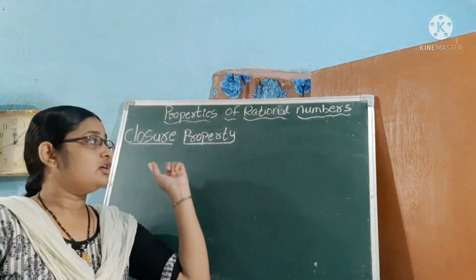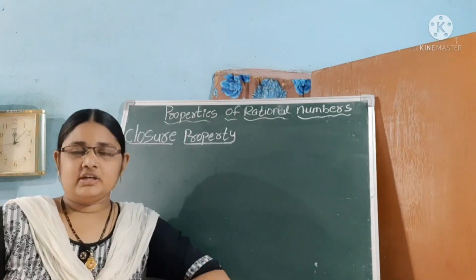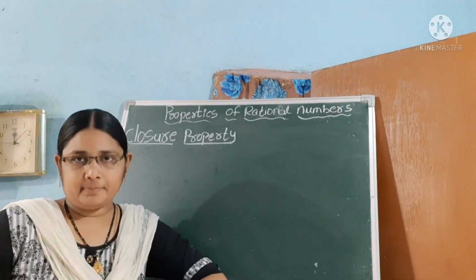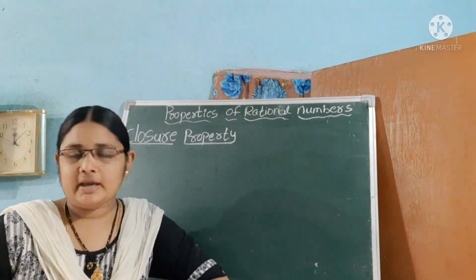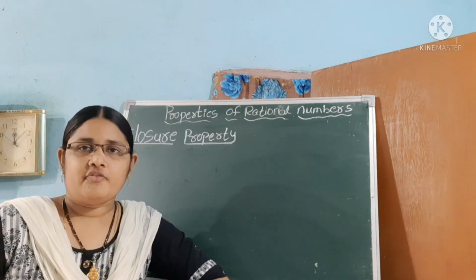First property is closure property. First we check all these properties in the 4 binary operations. So what are the 4 binary operations we have? Very good.